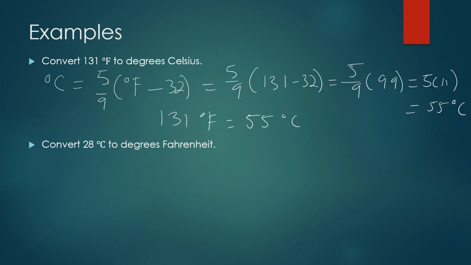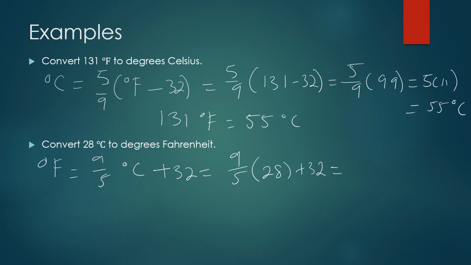If we want to go the other direction, we use the other conversion equation. So now we need Fahrenheit is equal to 9/5 times the Celsius degrees plus 32. So we're going to have 9 divided by 5 times the quantity of 28 degrees, and I'm going to add 32. Using our calculator, we're going to get 252 divided by 5 plus 32.